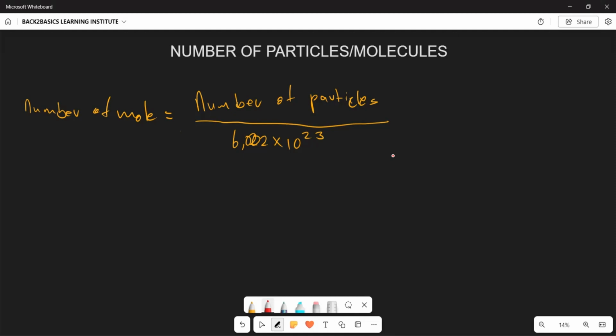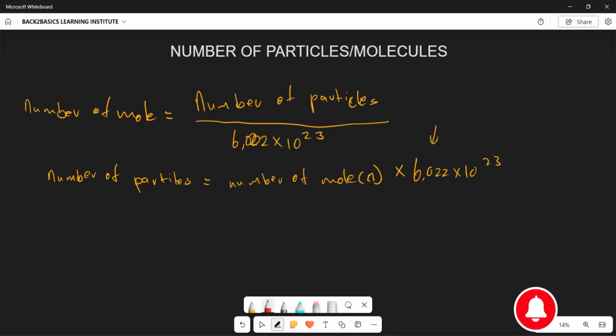So if you are looking to calculate the number of particles, it is going to be given by the number of your moles, which is the n, multiplied by 6.022 times 10 to the power of 23, which is your Avogadro's constant.